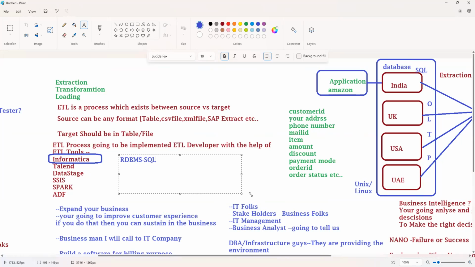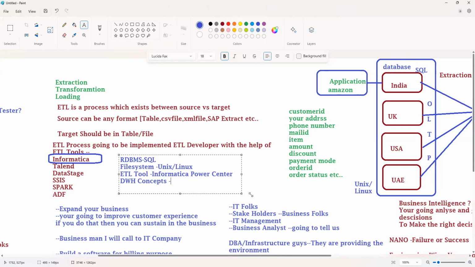Second, you should know the file system, Unix or Linux, because the sources have file systems. Next, the ETL tool is Informatica PowerCenter. Next, how this entire process happens internally, and the rules, that is data warehousing concepts.